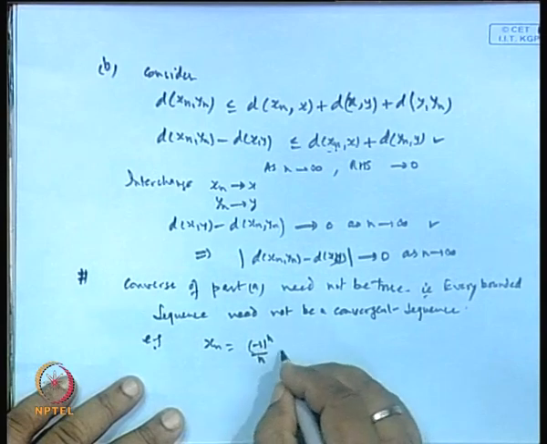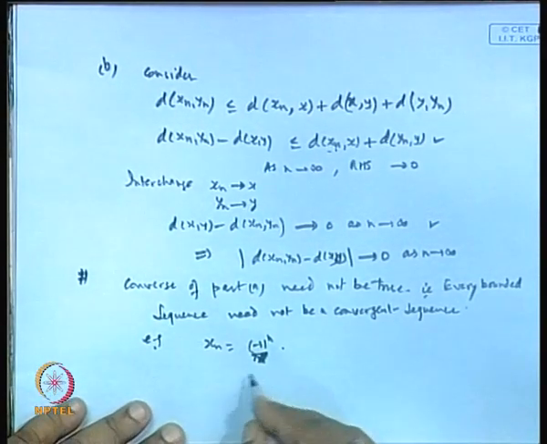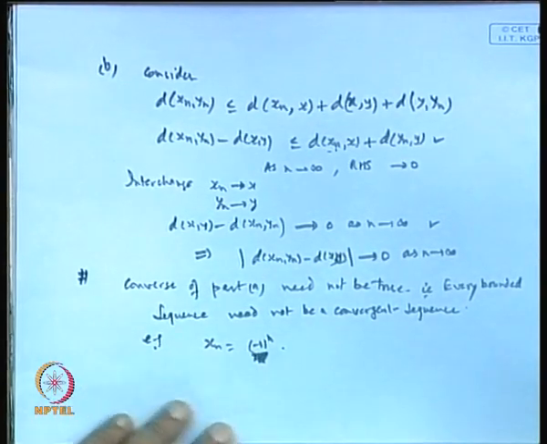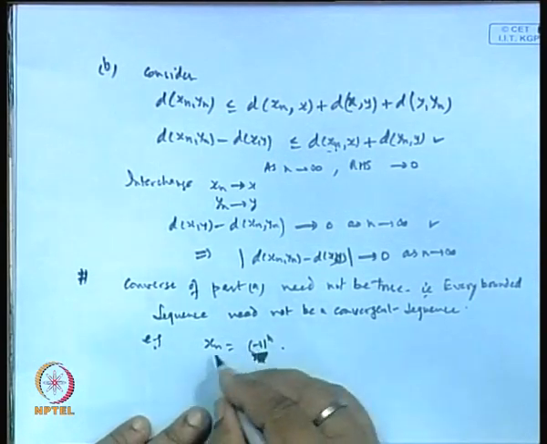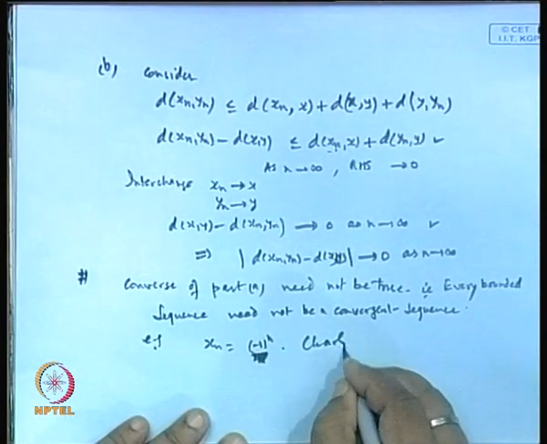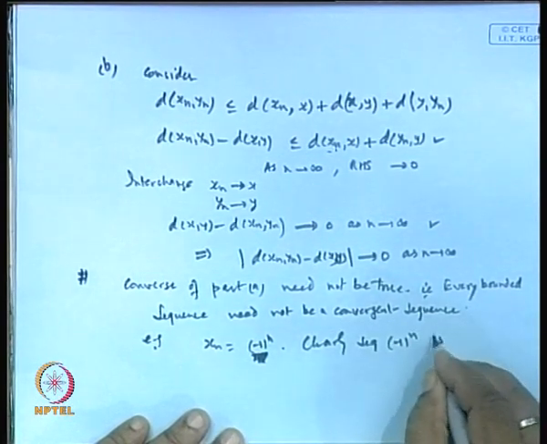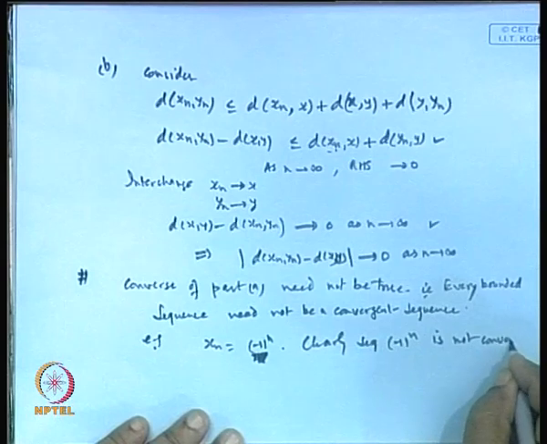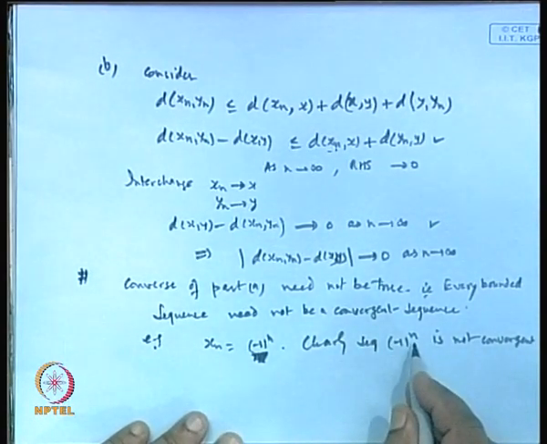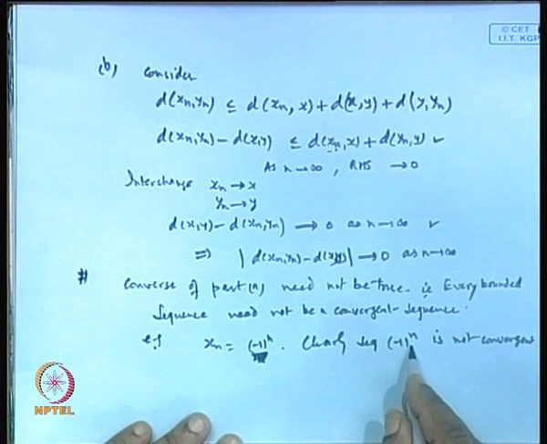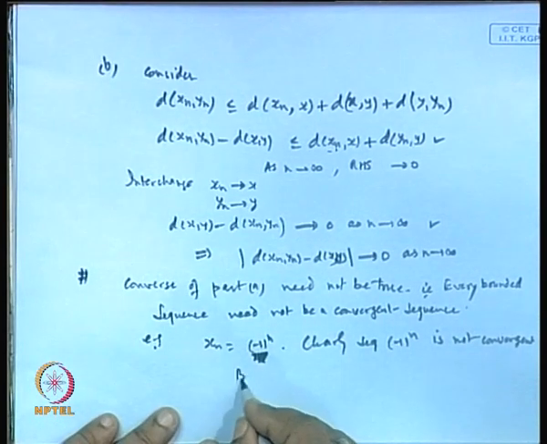Now take the sequence x n to be minus 1 to the power n. This sequence is not convergent as n tends to infinity, because when n is even it goes to plus 1, when n is odd it goes to minus 1. So, it is not convergent, but it is a bounded sequence.